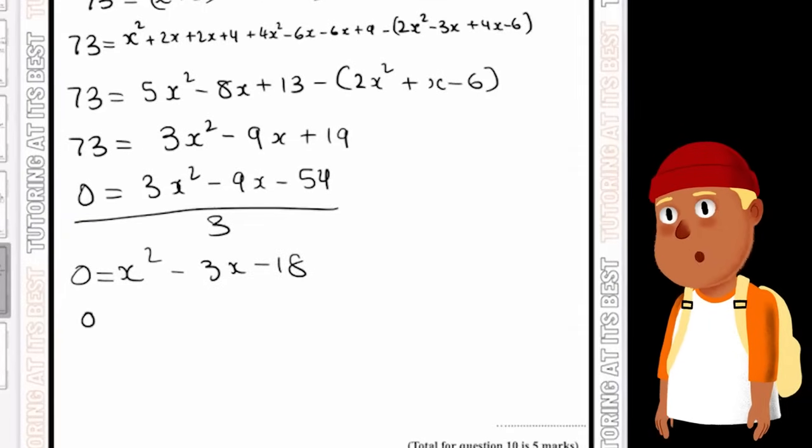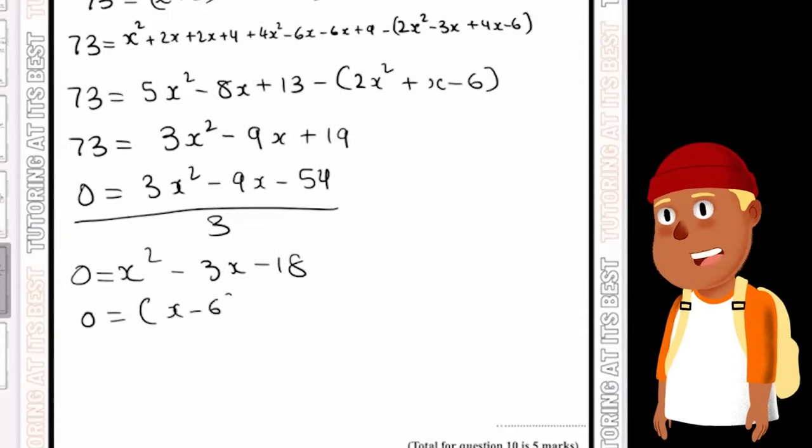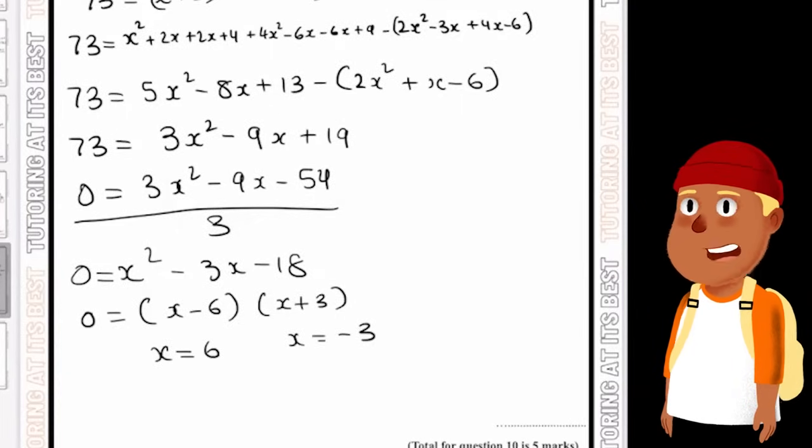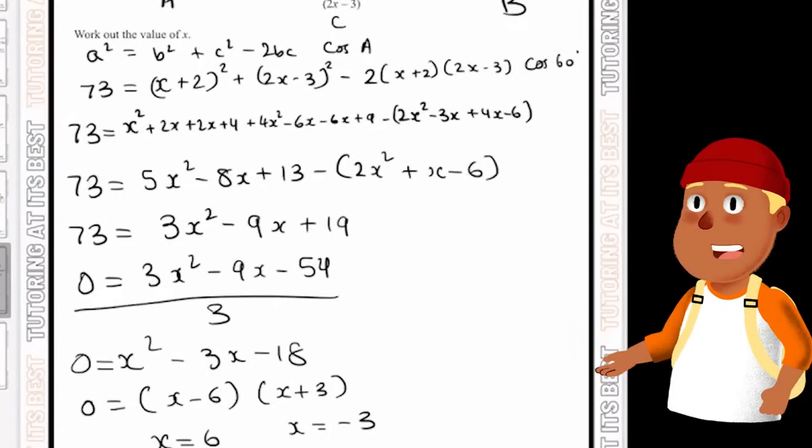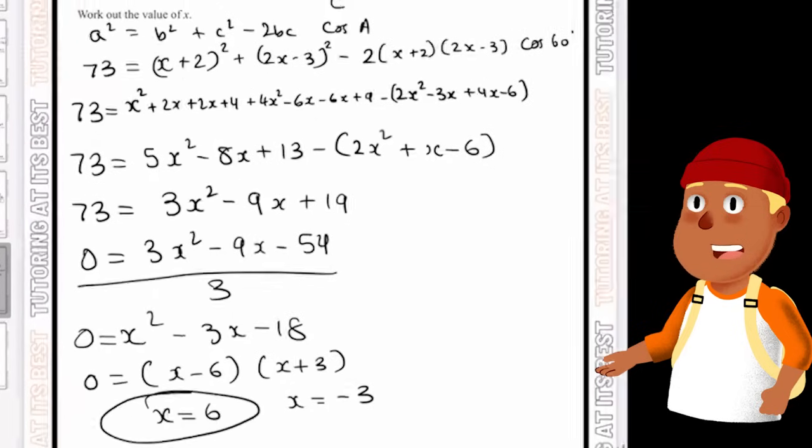That there would say 0 equals x minus 6 and x plus 3, which means x equals 6 and x equals minus 3. So x cannot equal minus 3, as the lengths would be negative. Therefore, our answer for x equals 6.